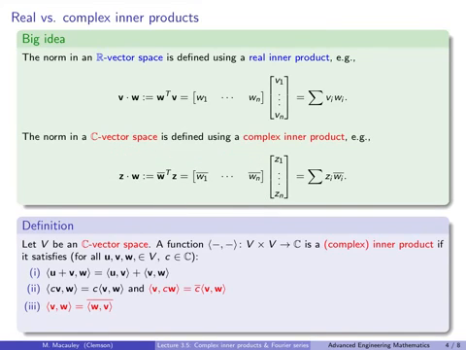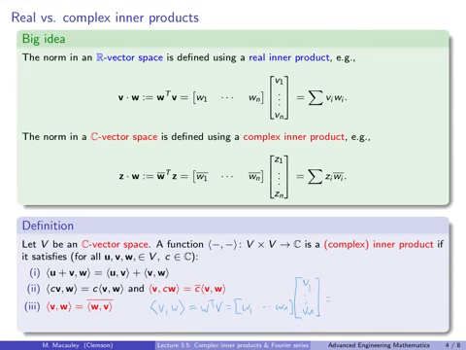Okay, the third property is that v dot w is the complex conjugate of w dot v. This is in red because it's different from the real case. Remember that for a real inner product, dot products are symmetric. So v dot w is w transpose v, which is w1 up to wn times v1 up to vn.